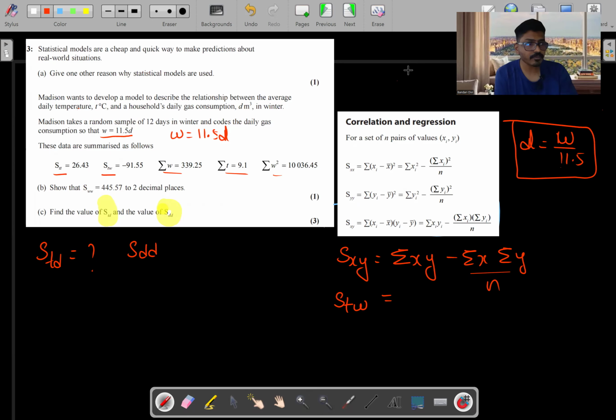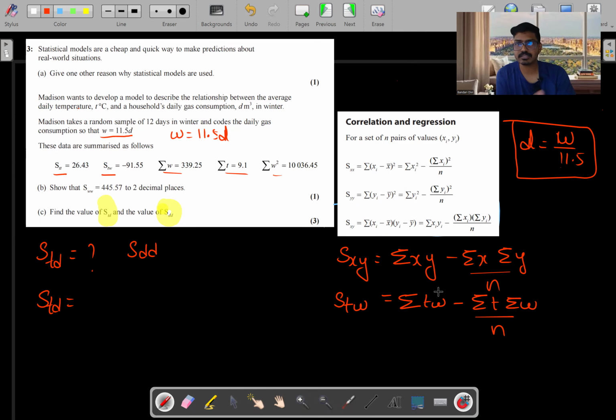So what is STW? That will be sigma of TW minus sigma of T, sigma of W upon N. Now we got this equation, right? Similarly, for STD, what will be our equation?